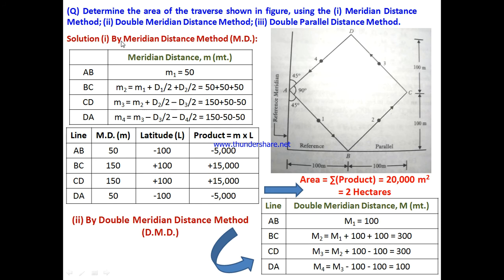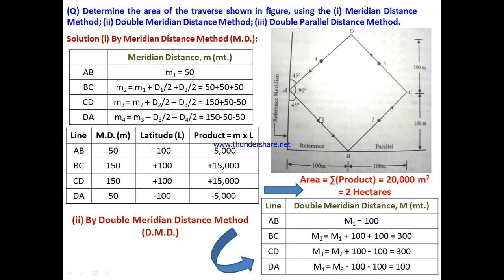Let us solve this numerical first by the meridian distance method. In this case, we need to determine the value of the meridian for each traverse line. Here 4 stations are there, A, B, C, D, and 4 traverse lines are there, AB, BC, CD, and DA. Suppose the meridian points are located as 1, 2, 3 and 4 respectively.